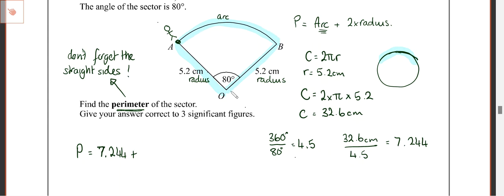Then I walk plus 5.2, and I'm here, and then I have to walk plus another 5.2. So if I add all that together, 17.644, yeah? All right? So the perimeter to three significant figures is 17.6. And the units?